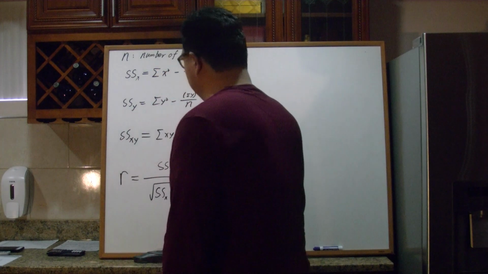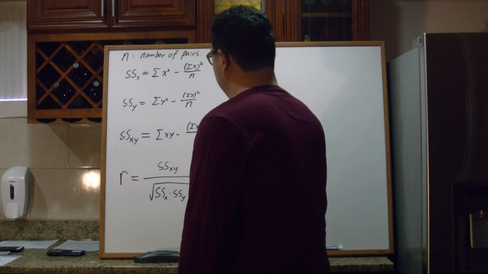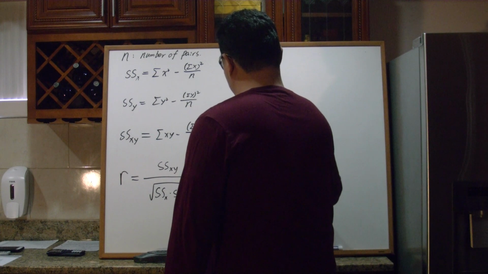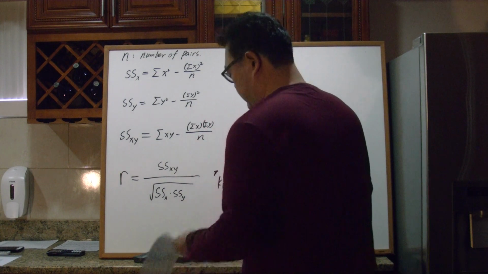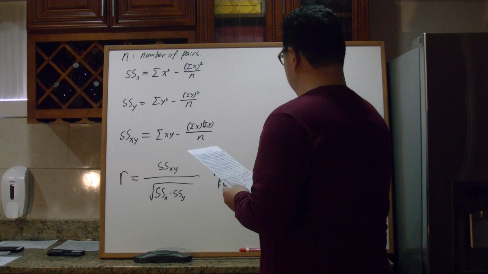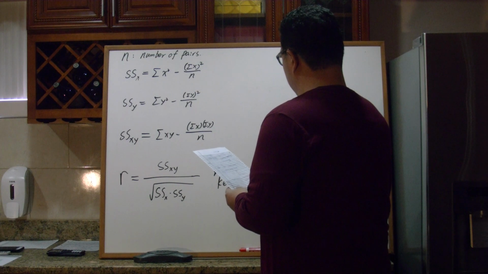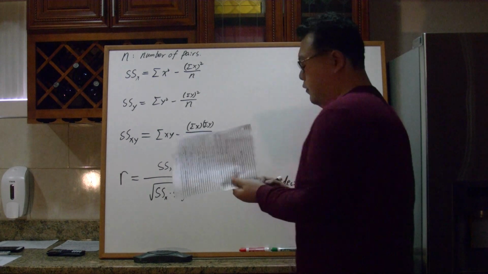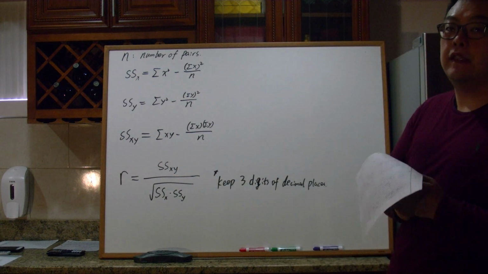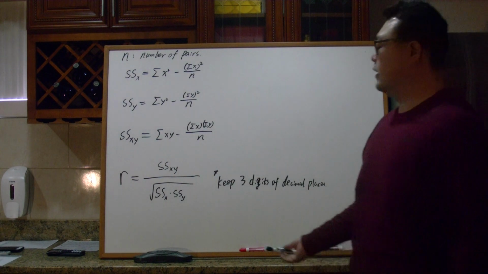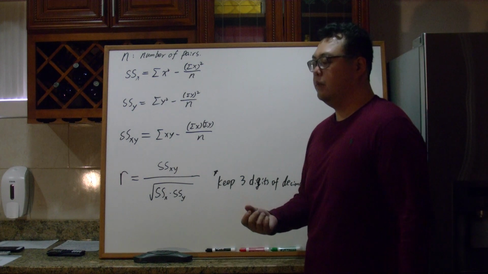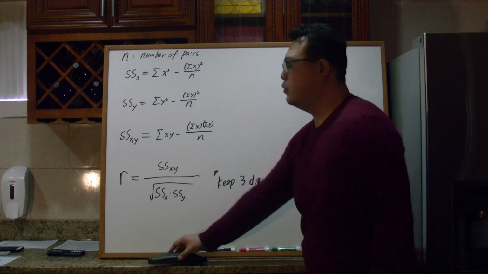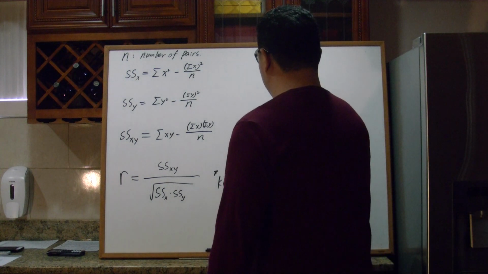And the key thing is for the r, we need to keep 3 digits of decimal. We had one special request in the last section, that for the z-score we need to keep 2 digits of decimal places using the general rounding rule, right?